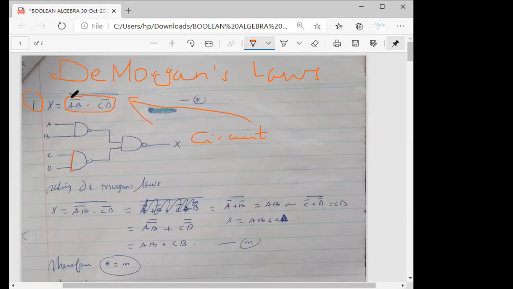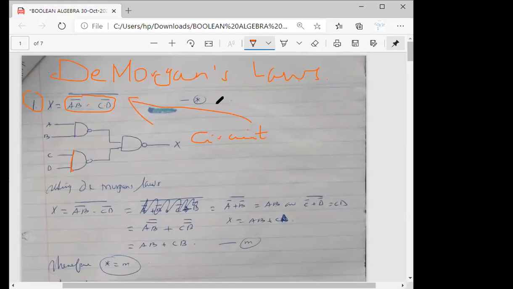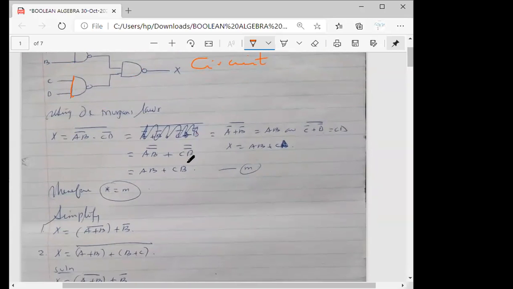This function is defined by this circuit. So now if we use De Morgan's laws, we can try to simplify the function here to see whether we can get a simpler or better way. There could be different ways that circuits can be expressed.